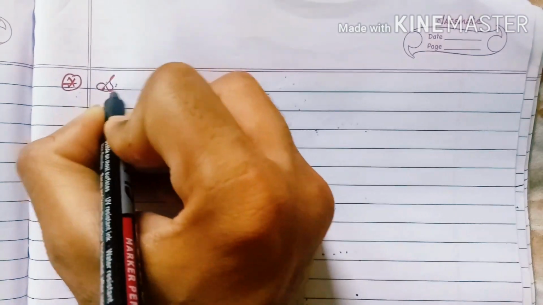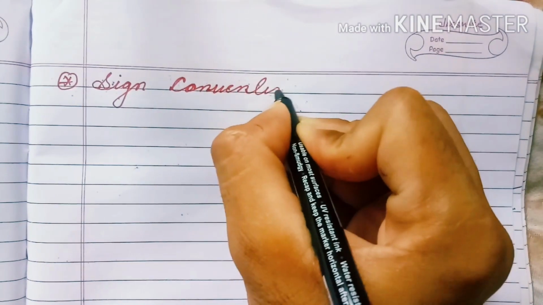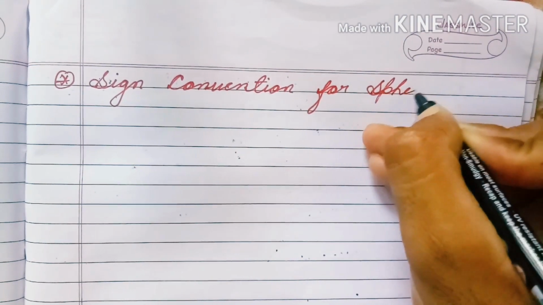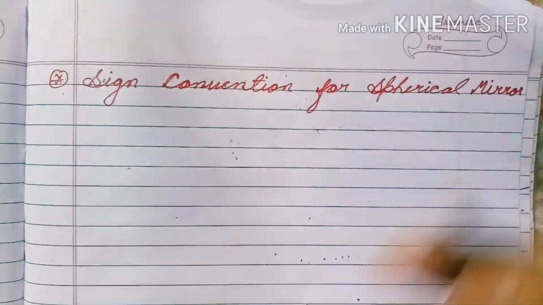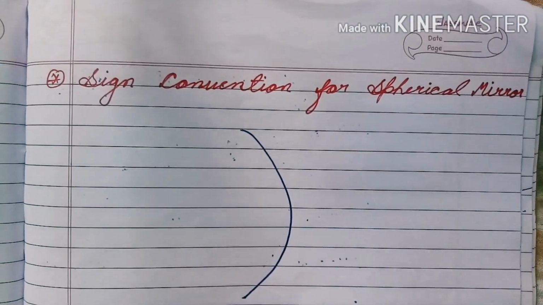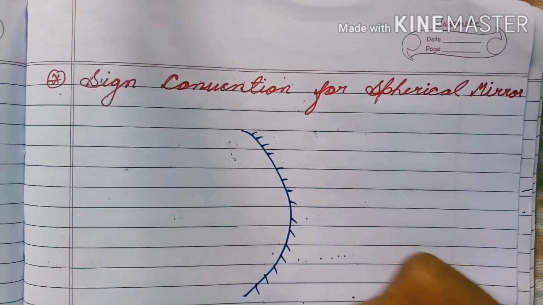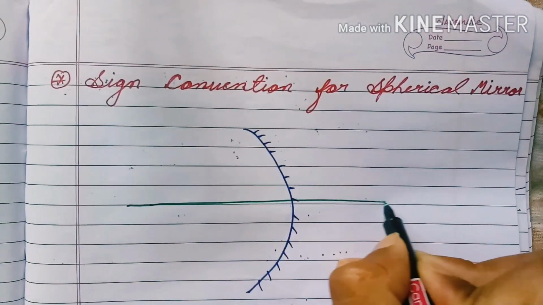So students, we are moving to our next topic, that is sign convention for spherical mirror. Suppose that, students, this is a concave mirror and this is the principal axis of this mirror.